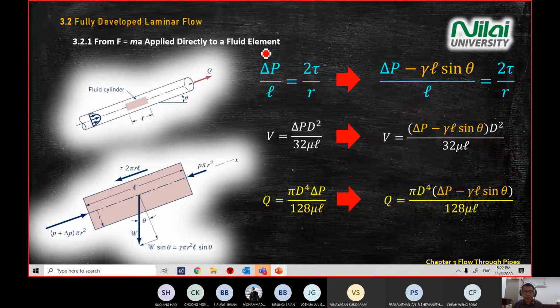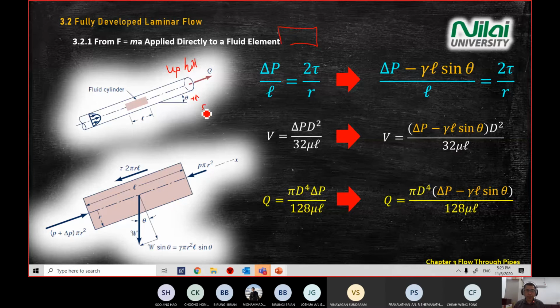On the left-hand side is for the horizontal pipe, and on the right-hand side is what you see on the screen here. On the left-hand side diagram, theta is positive in the anti-clockwise orientation, and this is called uphill.